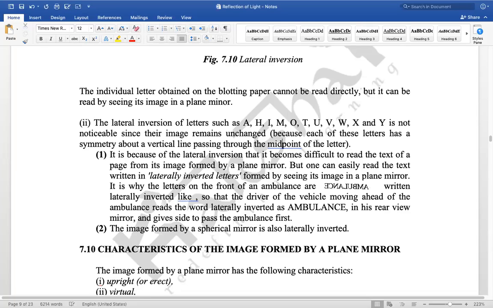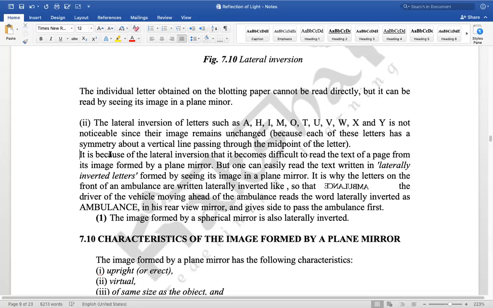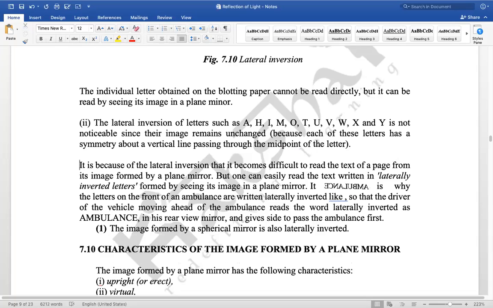So if you see, ये सारे letters जो है ना vertically symmetrical है. तो अगर vertical straight line इनके midpoint से pass करेगा तो जैसा left side में आपको लेटर का इमेज है वैसा ही राइट साइड में है. तो सिमेट्रिकल है वर्टिकल लाइन के अबाउट, तो इसीलिए यहाँ पे लैटरल इन्वर्जन इज नॉट सीन, नॉट नोटिसेबल बेसिकली.